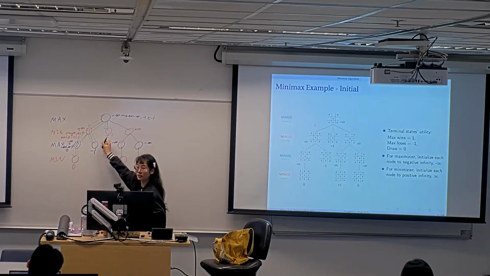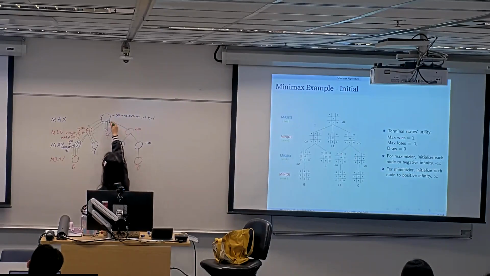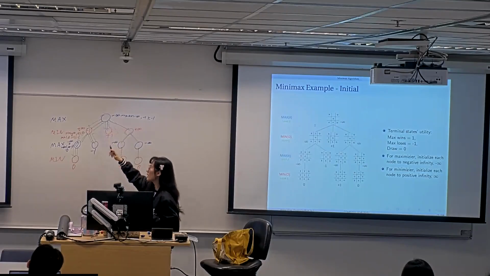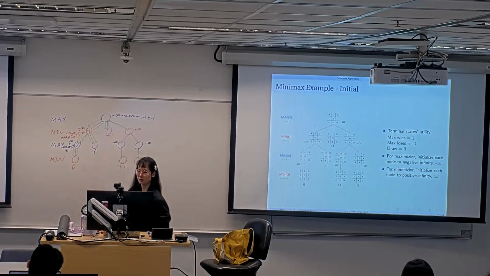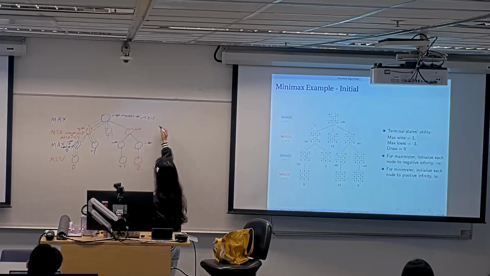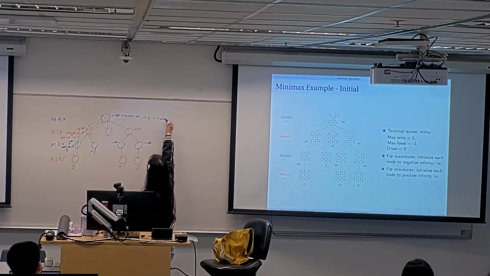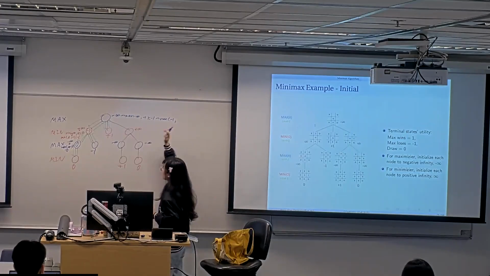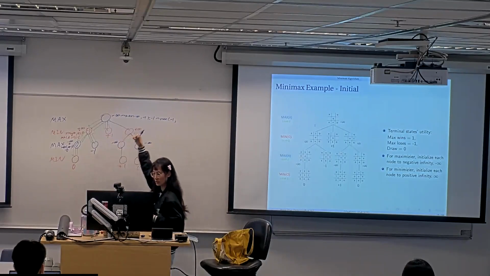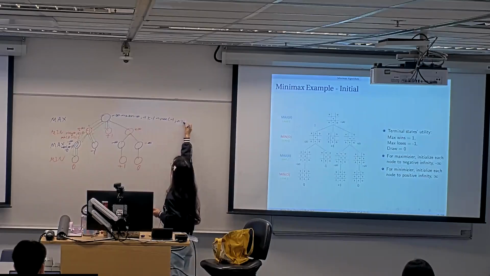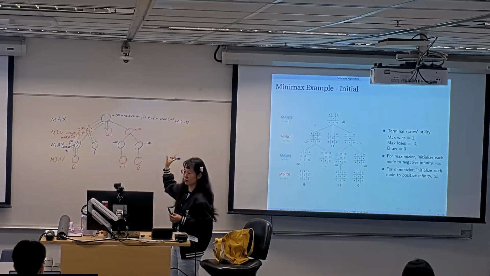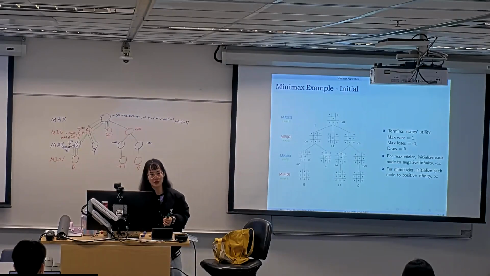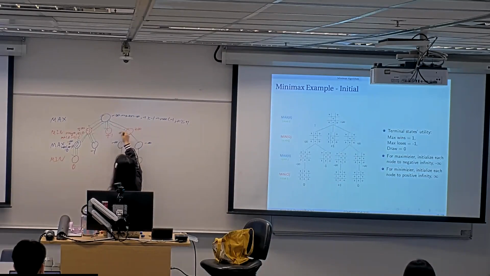Itself is already a leaf node, so we need to backtrack to the parent with the new value +1. So this max node will further get updated to the max between old value -1 and the new value it receives from its child, +1. So it gets updated to +1. And not finished yet because there is a remaining branch. It goes to the third child.